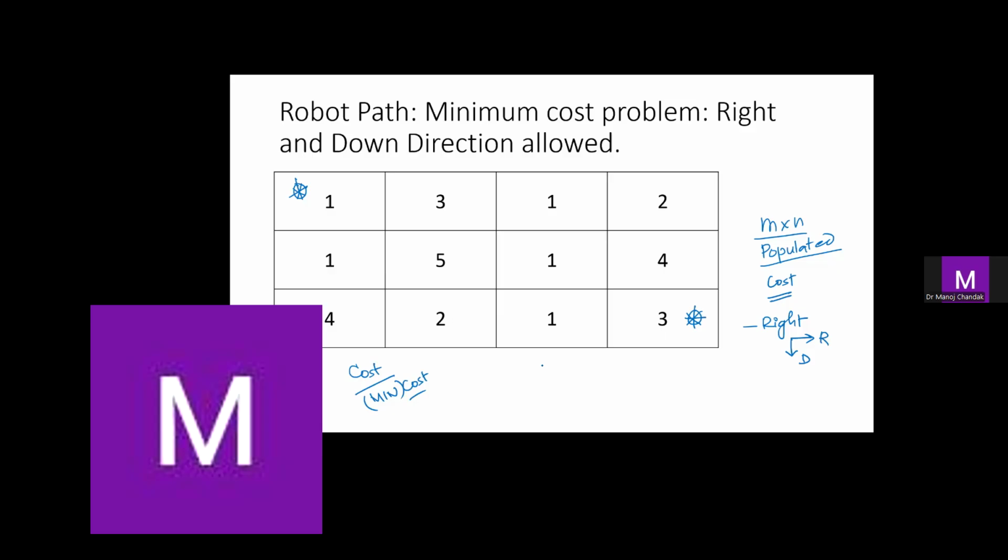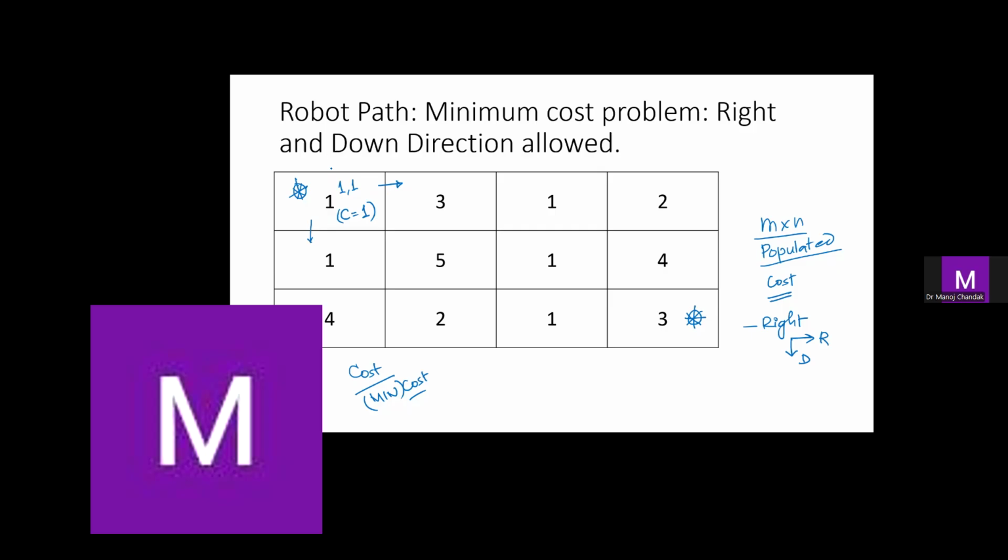So the idea is very similar to what we have learned in the previous videos related to robot movement in the matrix. So in this, the robot is standing at the cell 1 comma 1, and we assume that the cost of traveling is 1. So this is the initial condition. Now the robot can move downside and the robot can move right side.